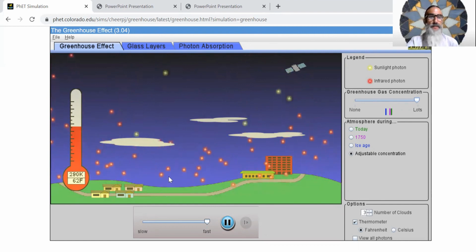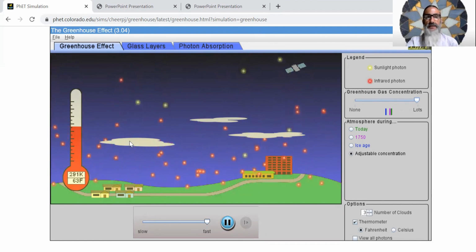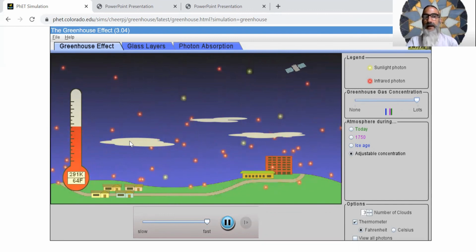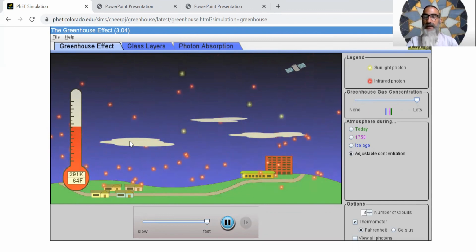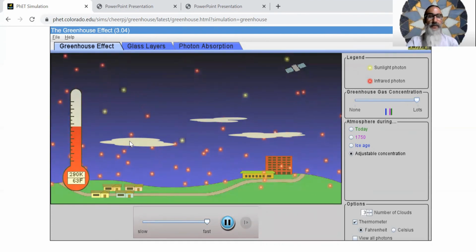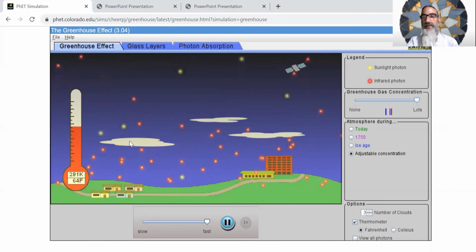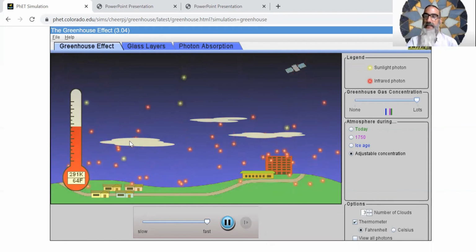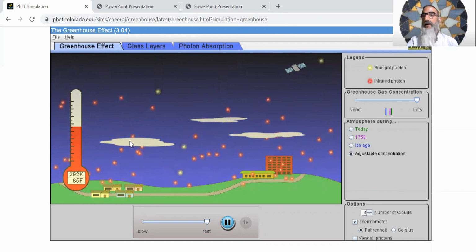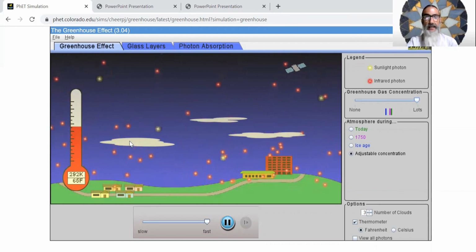Okay. And the reason for that is that clouds and carbon dioxide, all greenhouse gases, trap in heat. And this is the reason why the Earth, the atmosphere, the oceans are increasing in temperature, okay? Because they're absorbing heat and retaining that heat.